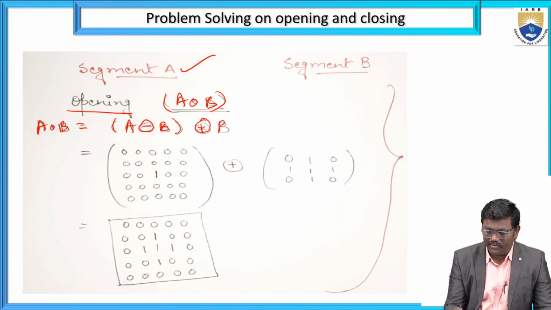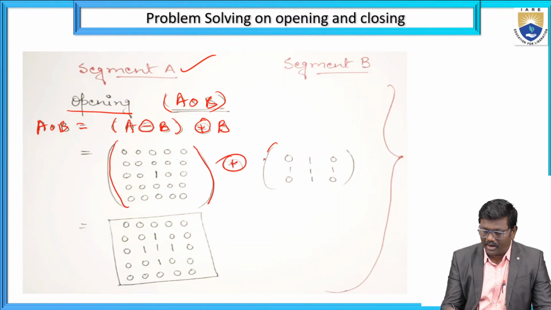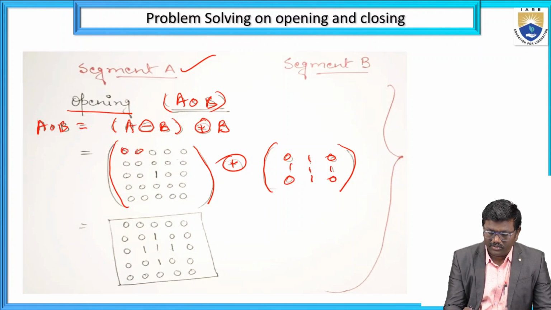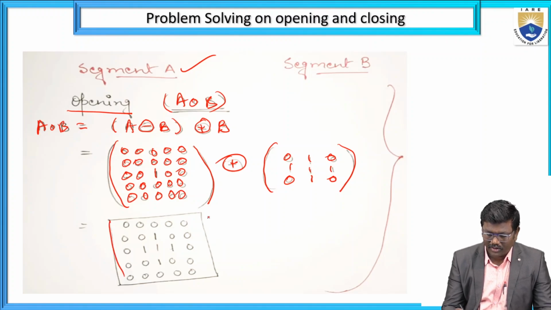Here we can see the values 0 0 0, again 0 0 0 0, and 0 0 0 0 0 1, 0 0 0 0 0 0 0 0 0 0 0 0. So we get the final value obtained by this operation.